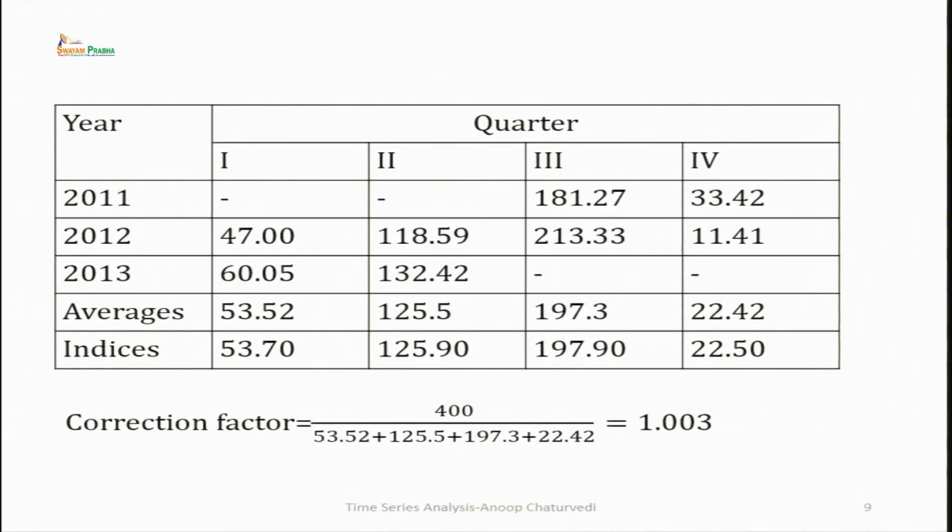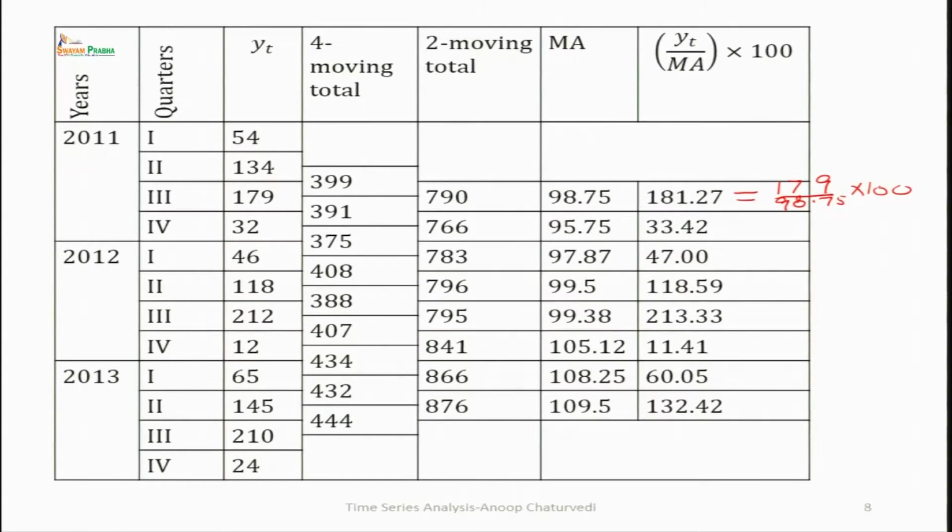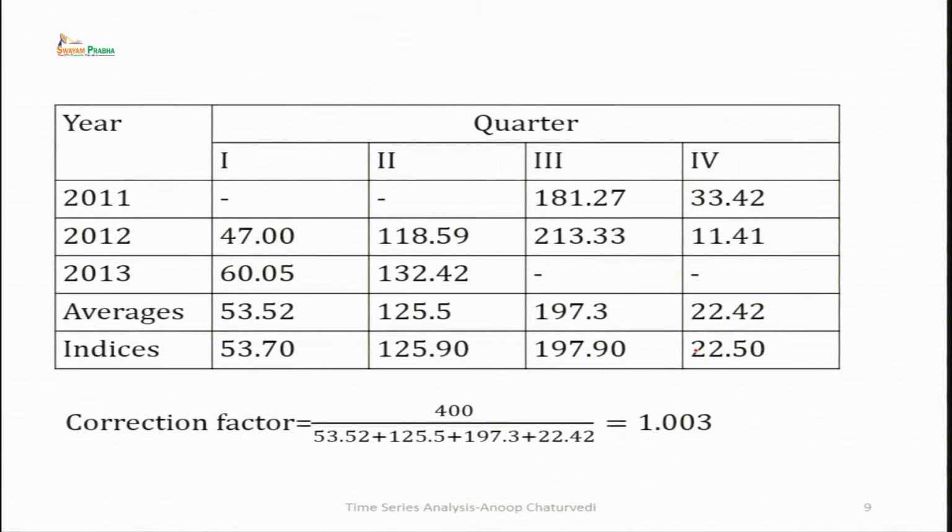Now, we arrange the entries of last column, this column, like this, year wise and quarter wise. So, we start from here: 181.27, 33.42 and so on.